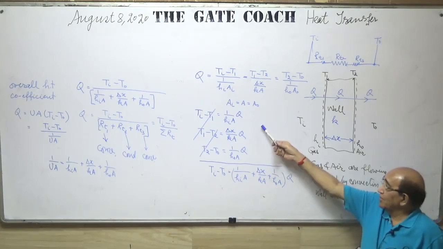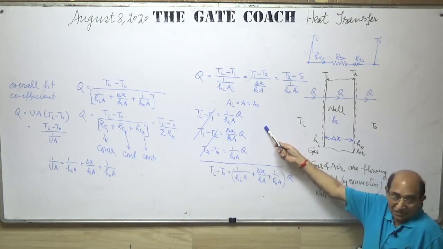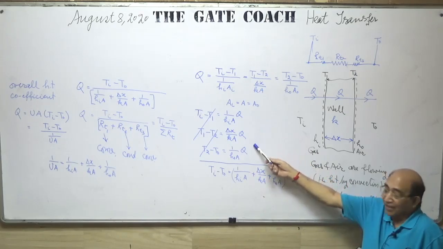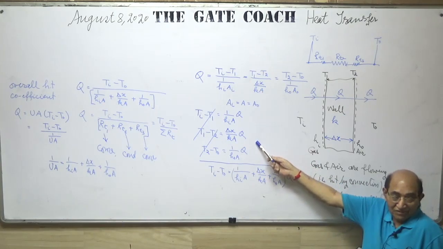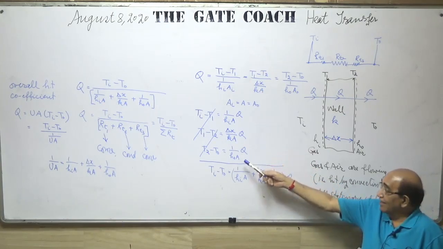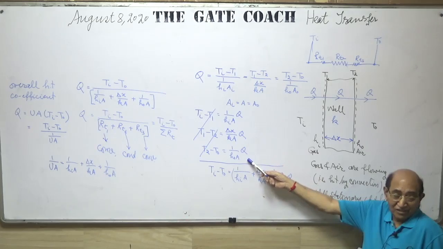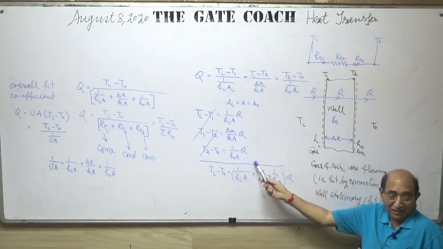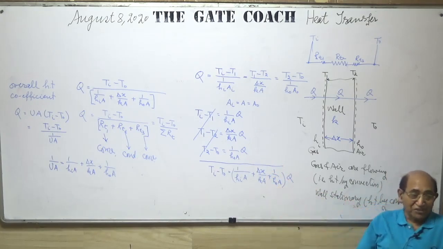In this equation, you put down the value of Q. Ti was given, you can calculate T1. Here substitute the value of T1, get the value of T2. Here everything is known. So you write down the value of T2, To, everything. If the equation gets satisfied, that means T2 is correct.